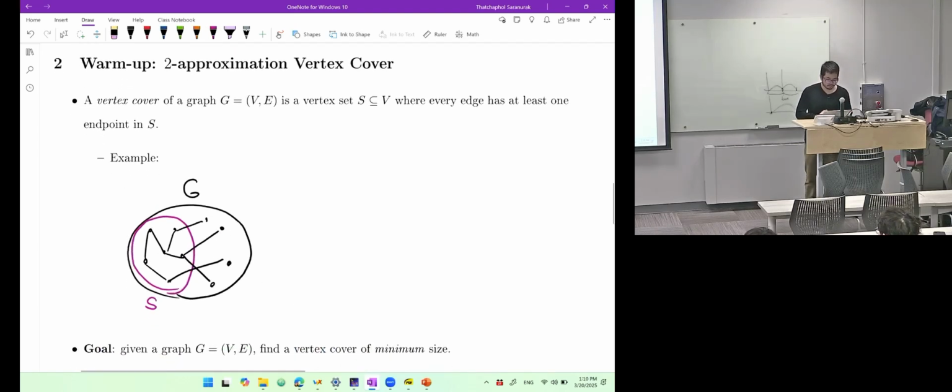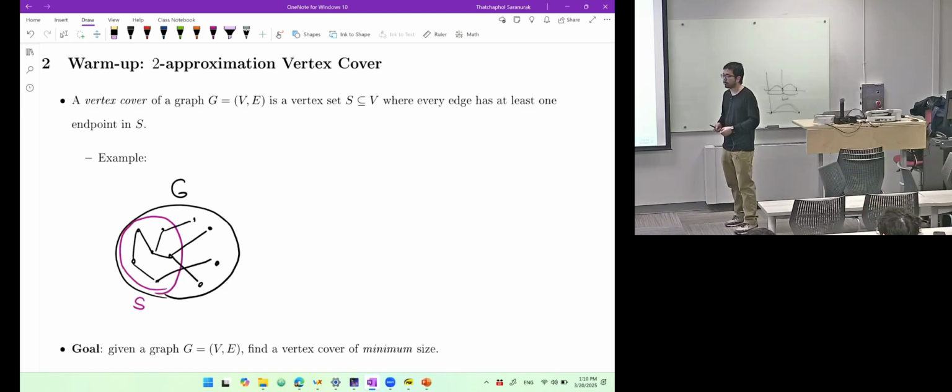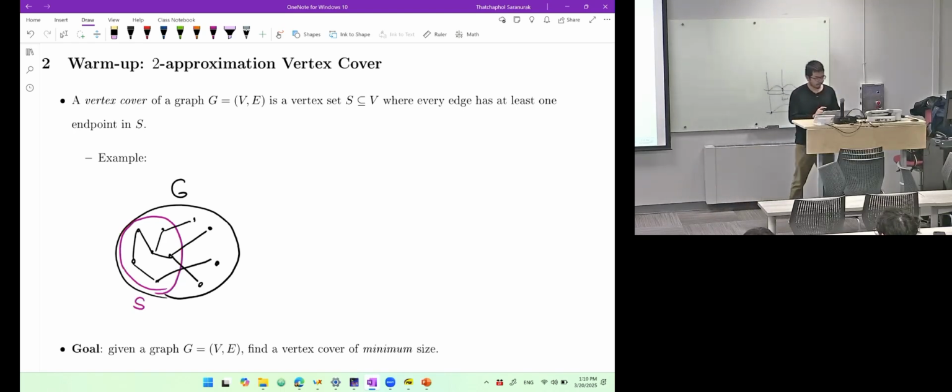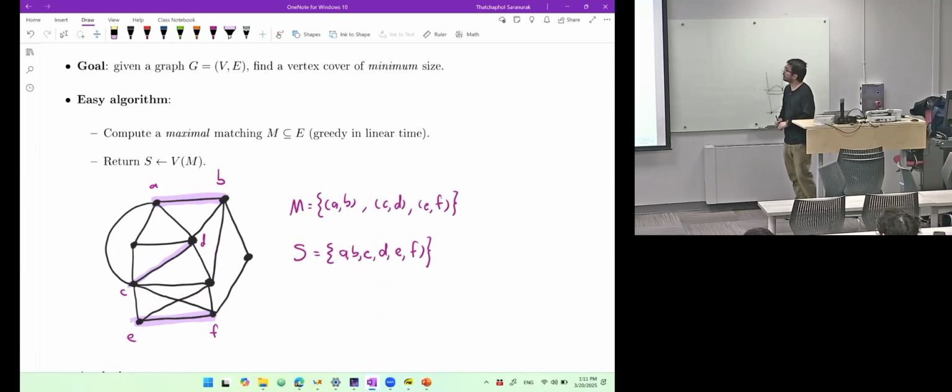So the goal now is, given a graph, to find a vertex cover of minimum size.